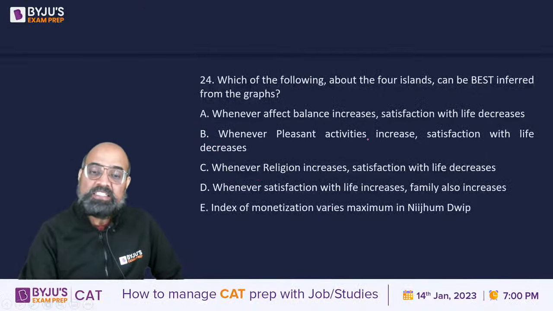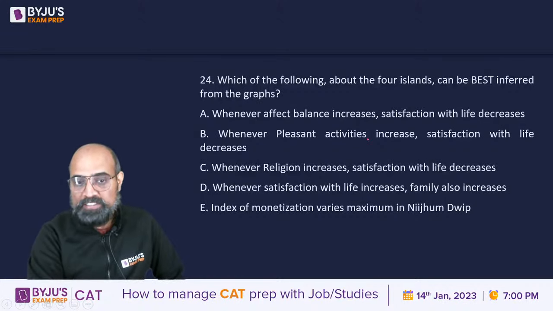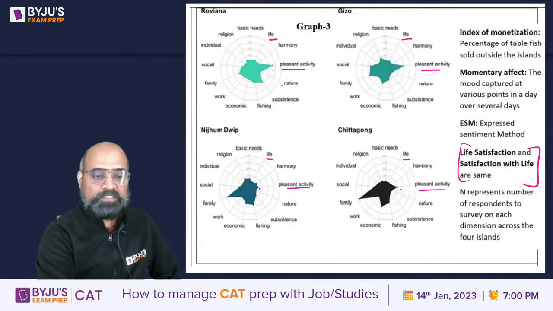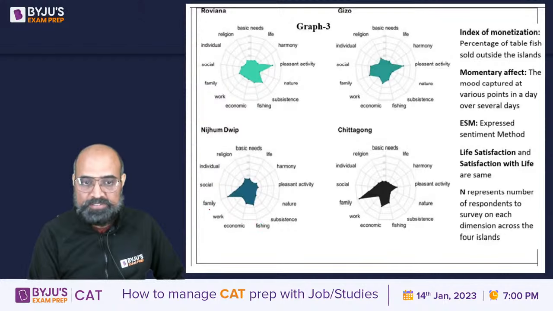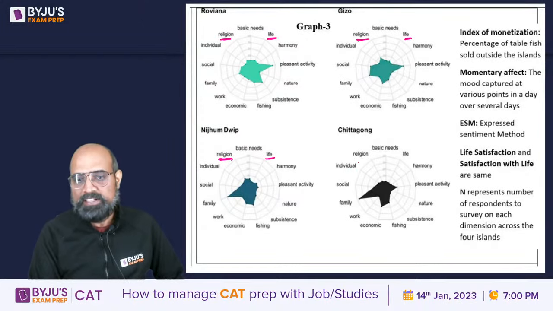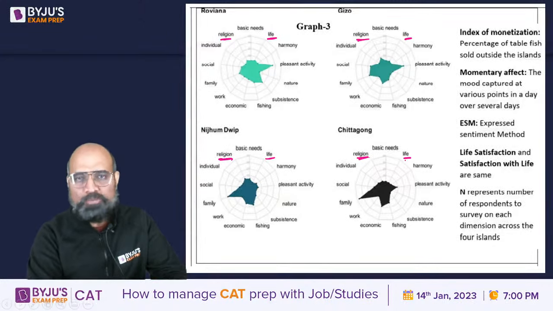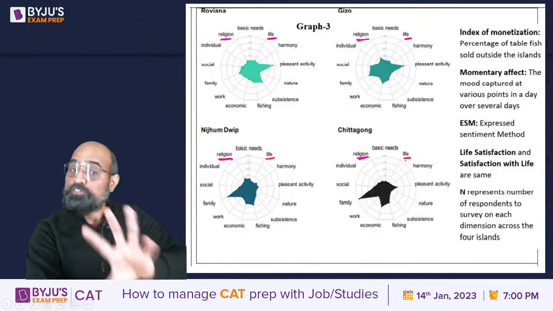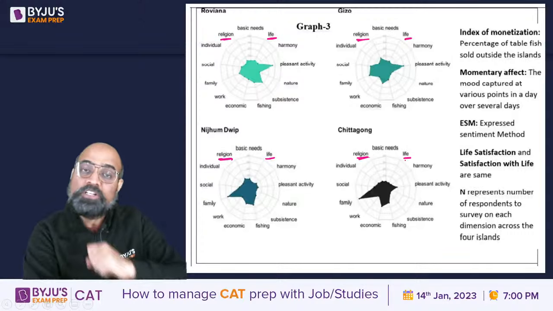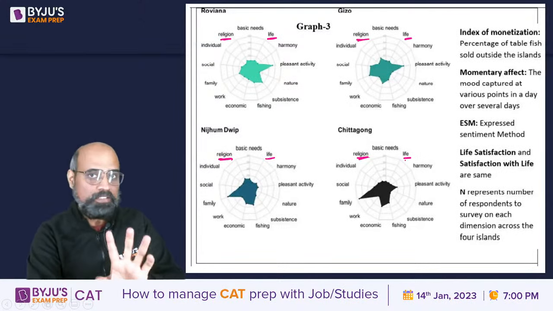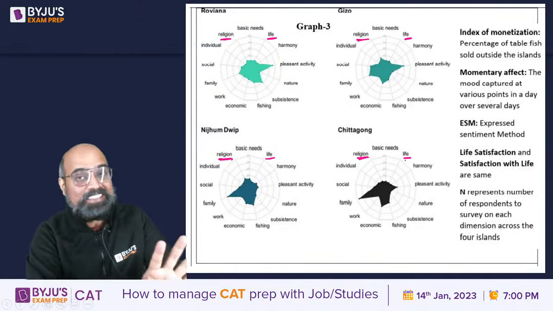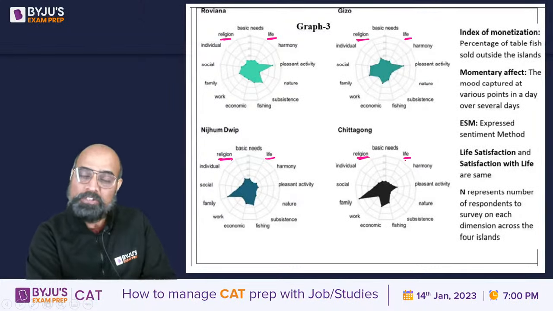Whenever religion increases, satisfaction with life decreases. If you are dealing with religion and life, we just saw with pleasant activities that life was almost constant for all these 4, and it was very difficult in the exam to figure out that they are almost equal. They may not be exactly the same, but they are very close to being on the same spot.